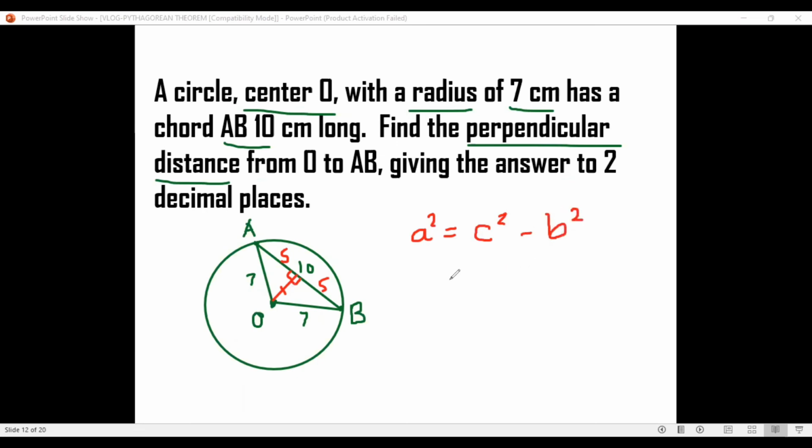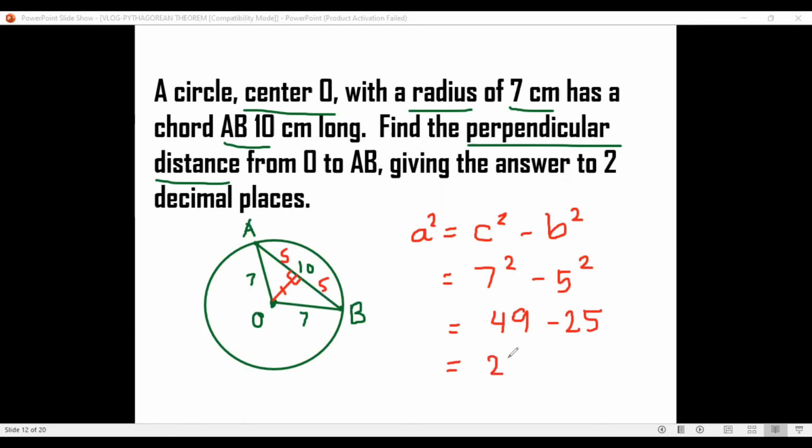So c squared is immediately 7, so 7 squared minus 5 squared. 7 squared is, of course, 49, and 49 minus 25 is equal to 24.